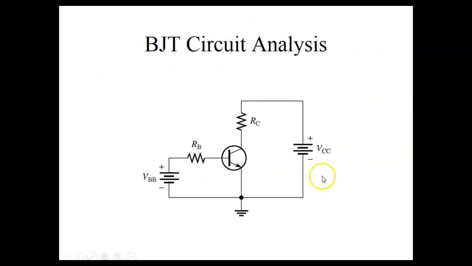And we can't do this on our trainer, because we'd have to have either two positives or two negatives. Our variable power supply, and then this right here is our common, this would be the plus supply, and this would be the minus supply. So we can't wire this circuit with our trainer's power supplies.